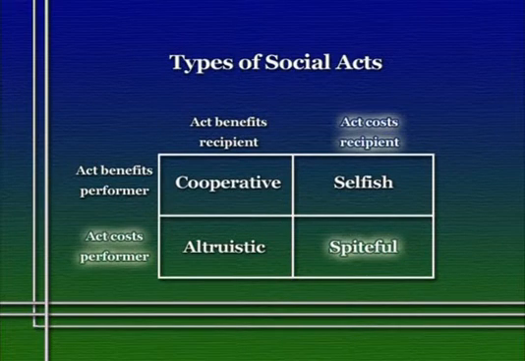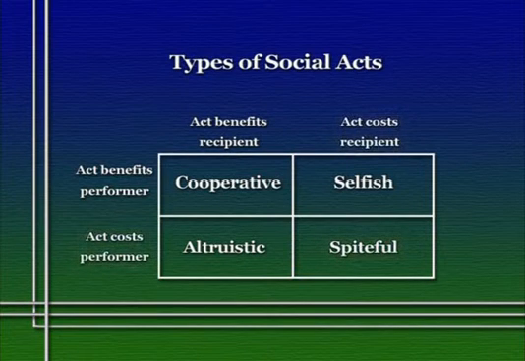Now, the question we want to ask is under what circumstances behaviors falling into these four categories might be observed in a population of organisms. In general, it's pretty easy to imagine that both cooperative and selfish behaviors would be observed in any population. If a social interaction confers a greater benefit than cost to the individual performing that interaction, of course we would imagine that natural selection would select for individuals to perform those kinds of behaviors because they're acquiring something from that.